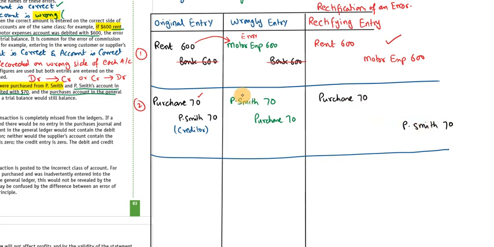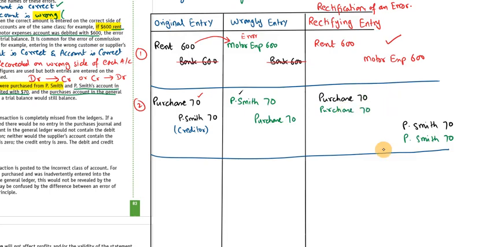And we wrongly debited P Smith. To eliminate this impact, we credit P Smith by 70. And we wrongly credited the purchase. To eliminate this effect, we debit the purchase by 70.